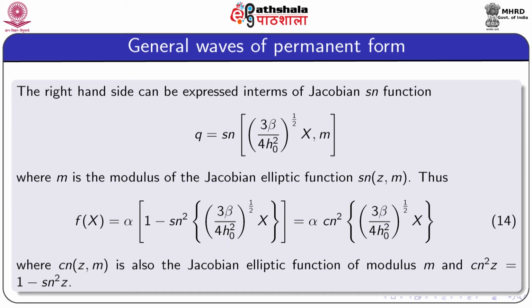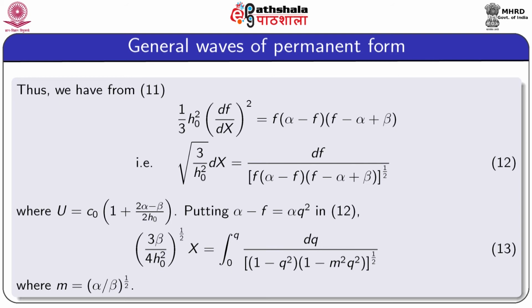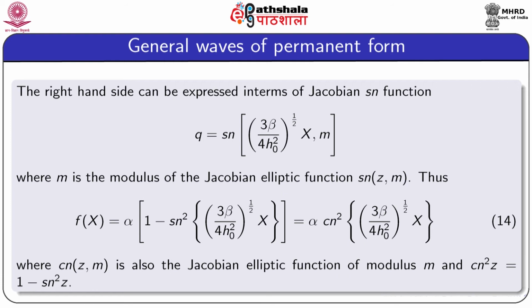Therefore, the value of f, from this equation, is f equals alpha into 1 minus q square. So, if we substitute that alpha into 1 minus q square, we obtain the value of f which is written in equation 14.